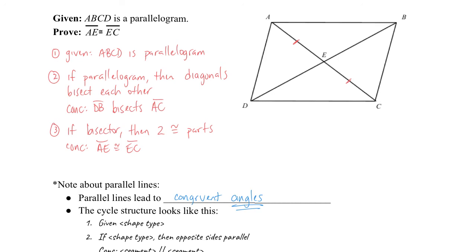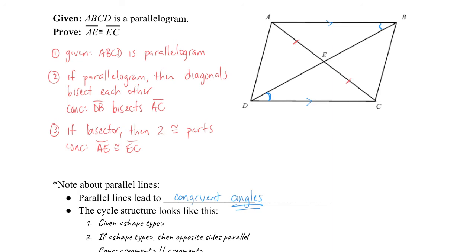Therefore, if parallelogram, then opposite sides are parallel, and you might say that AB is parallel to DC. So your conclusion would be AB parallel to DC. Then you would say if parallel lines cut by a transversal, then alternate interior angles are congruent. And so your conclusion would be angle ABE is congruent to angle EDC.